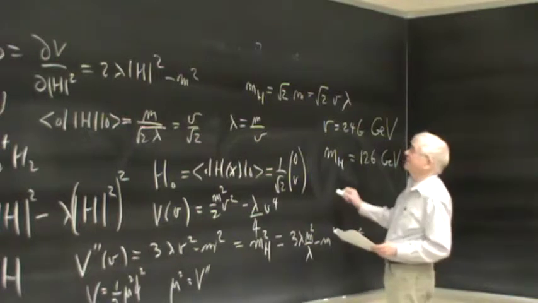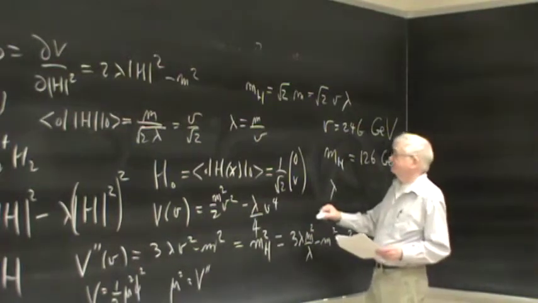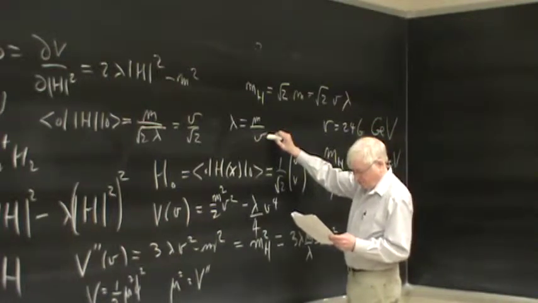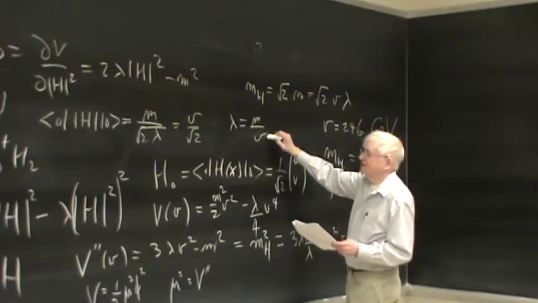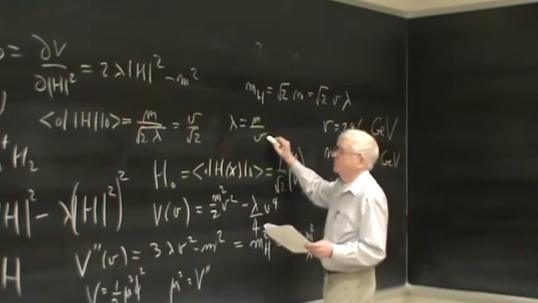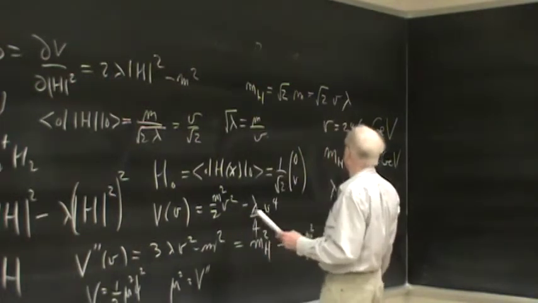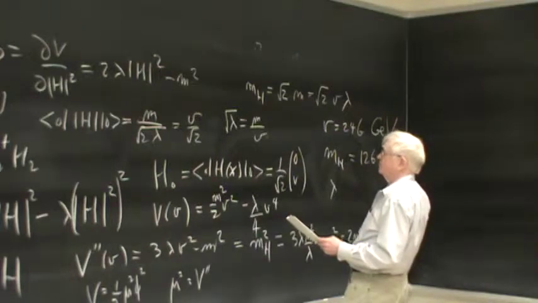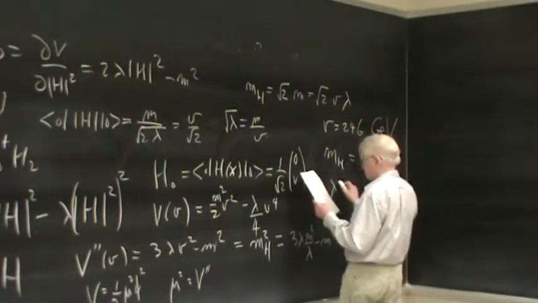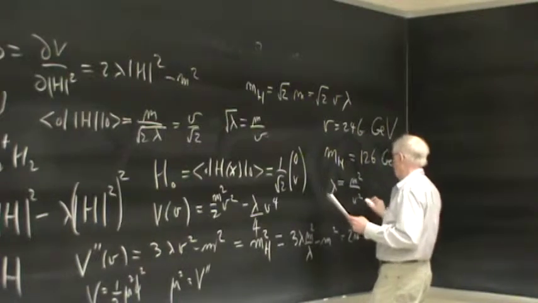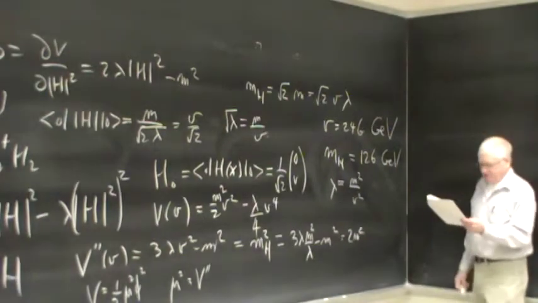And so the self-coupling lambda, now I see here, I have it here as M over V squared. Oh, this is wrong, isn't it? It's the square root of lambda is M over V. So lambda is M squared over V squared. All right, unfortunately I didn't compute that.